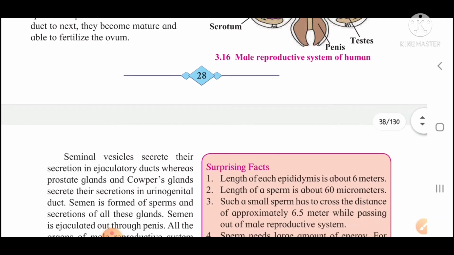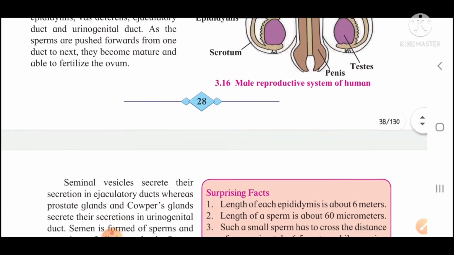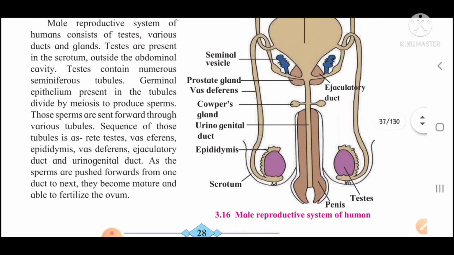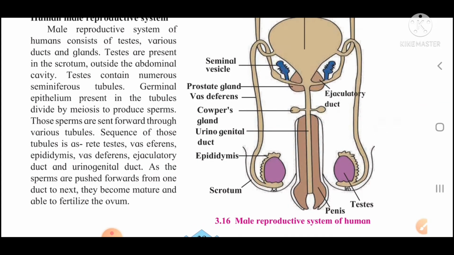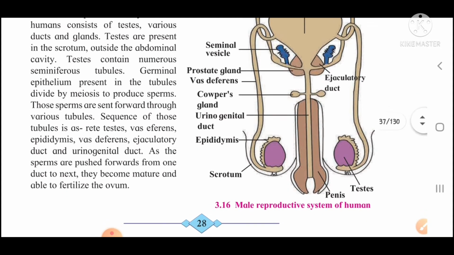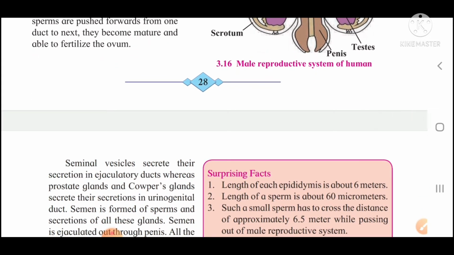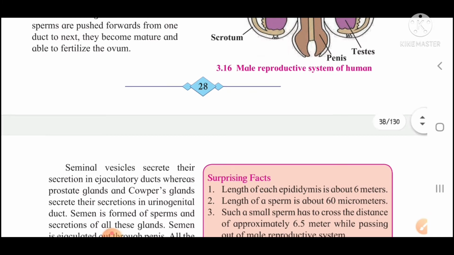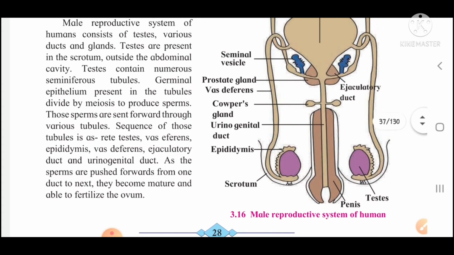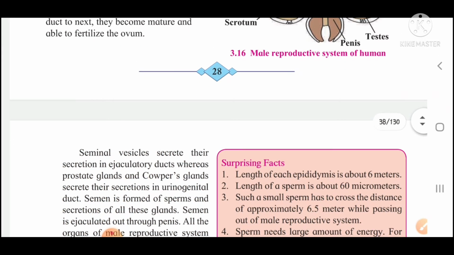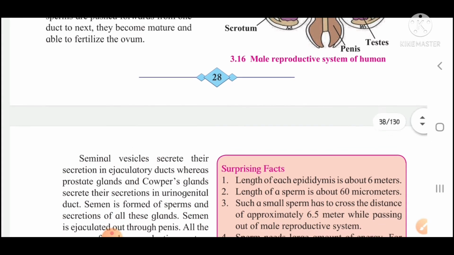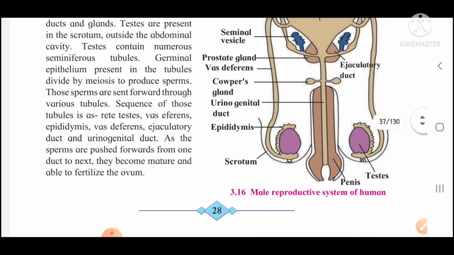Whatever it secretes, it will secrete in the ejaculatory duct. And you can see here, this is a prostate gland and this is a Cowper's gland. Their secretion is in the urinogenital duct. उनका secretion कहाँ होता है, prostate gland और corpus gland का urinogenital duct में होता है secretion उनका.